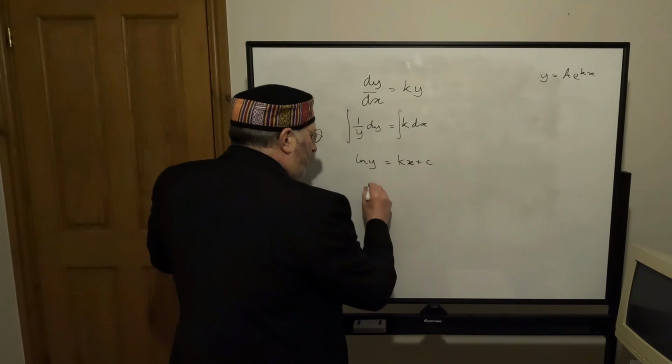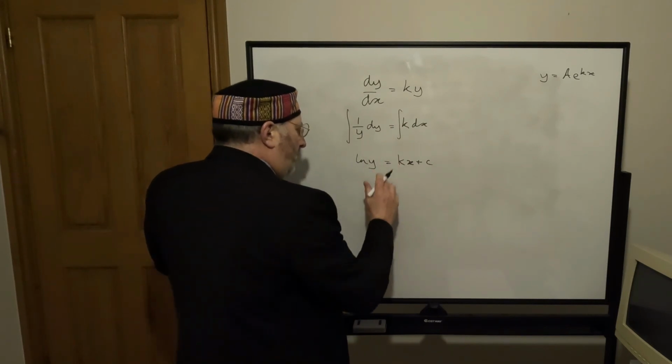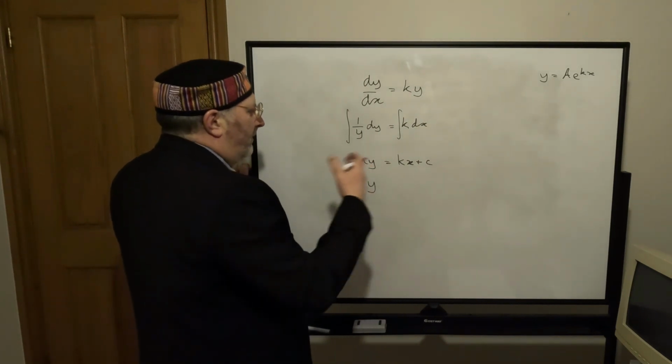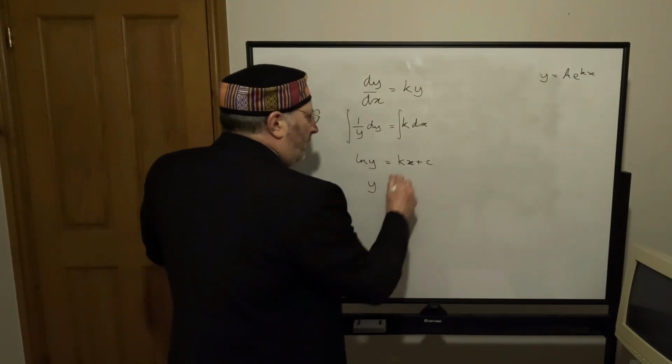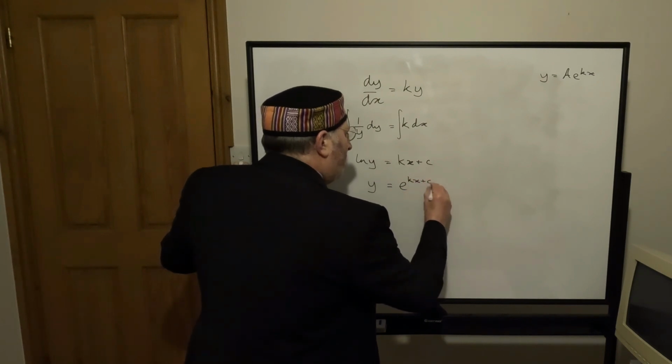And we can then take the exponential of each side, we could say. So it's e to the log of y. Well, e to the log of y is just y. Remember, e to the power of and log are inverses of each other. So y equals, and here we've got e to the kx plus c.